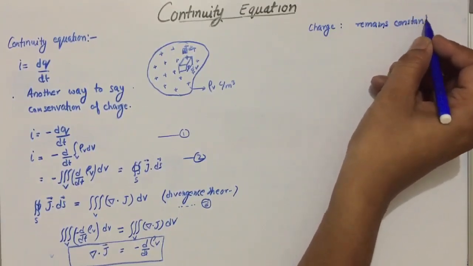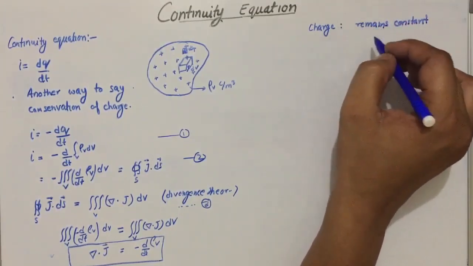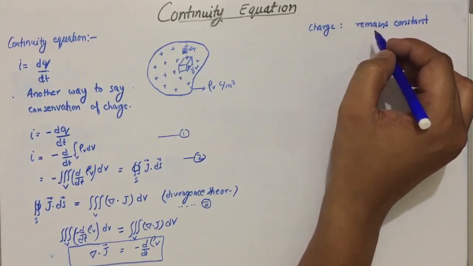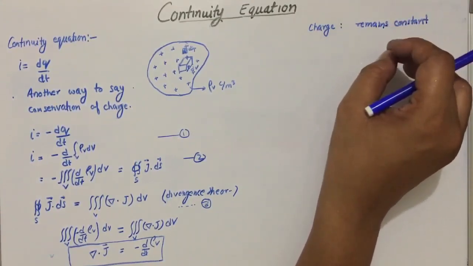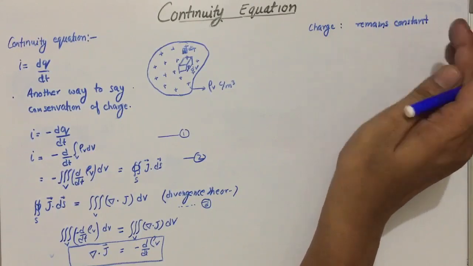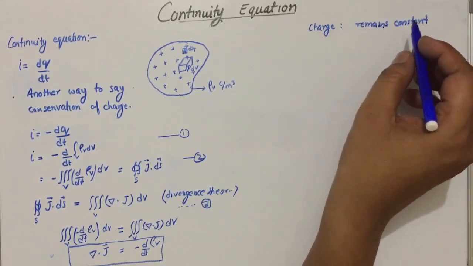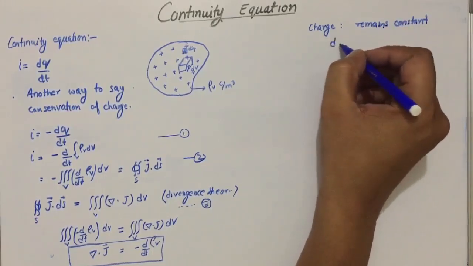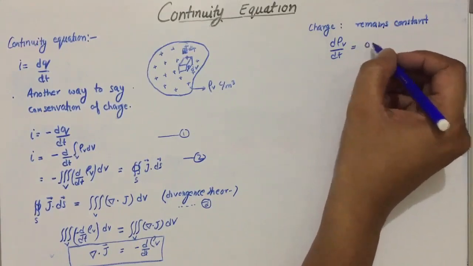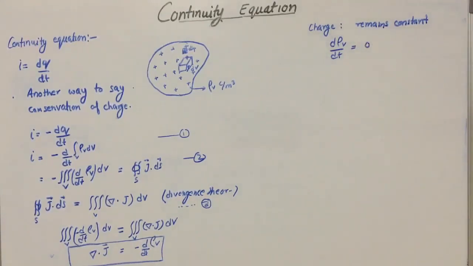Okay, it is following the closed path, however it remains the same in the circuit. So if charge remains constant, then ∂ρv/∂t can be equal to 0.